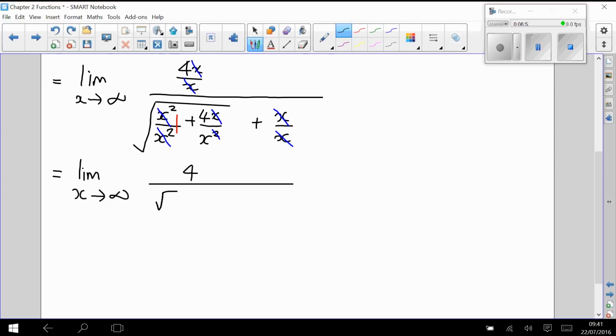So I'm going to have the root of 1, and then x all over x is also 1. So in other words, I'm going to have the root of 1 plus 1. As this is all numbers and I've been able to get rid of the fractions that are tending towards 0, my answer is going to be 4 divided by the root of 1, which is 1, plus 1. And 4 divided by 2 is going to give me an answer of 2.